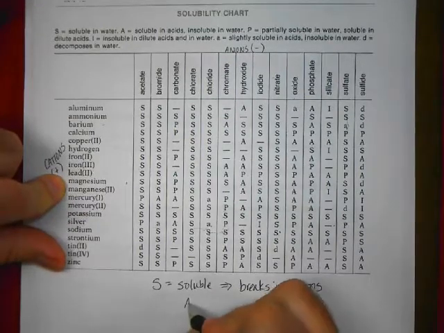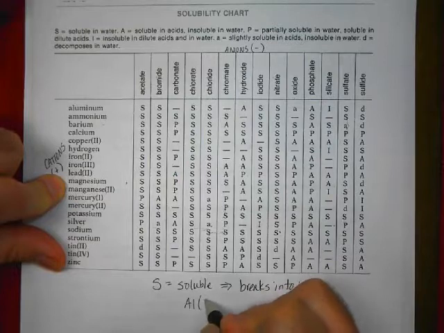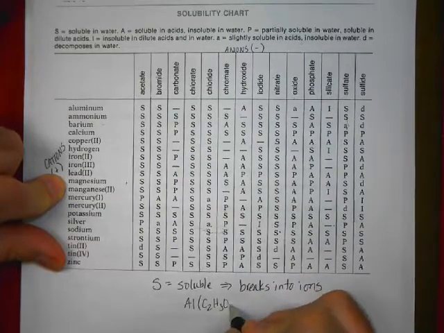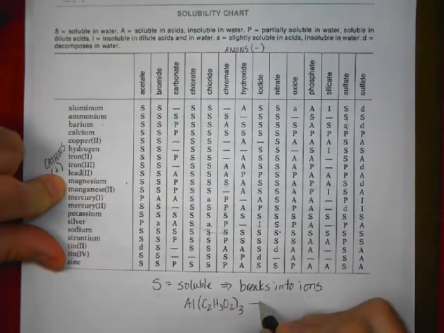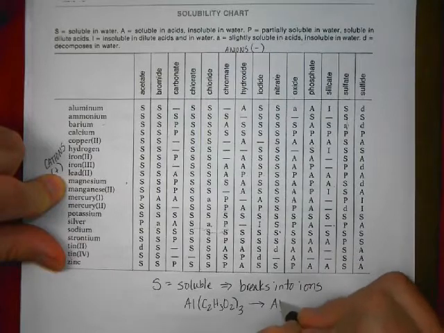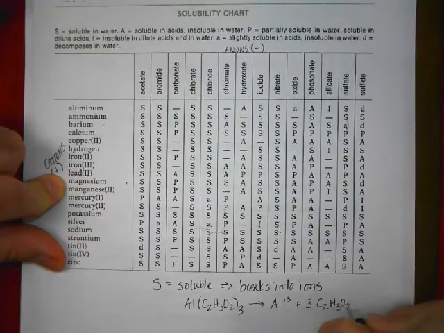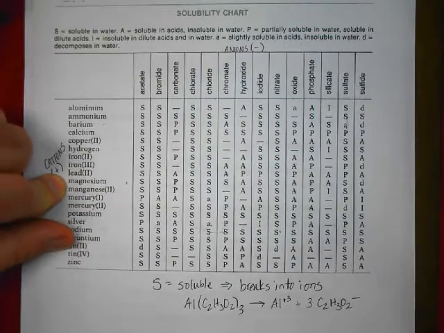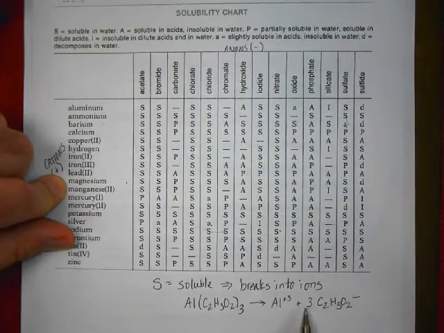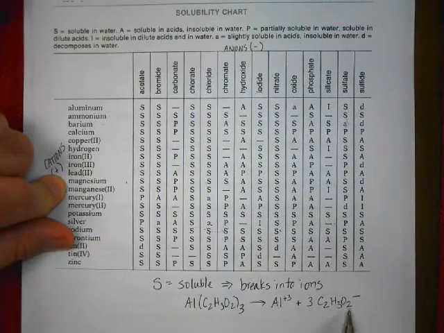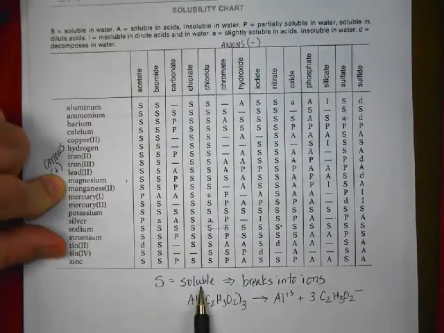So aluminum acetate, which is Al(C2H3O2)3, is going to break down into Al 3+ and 3 acetate ions, each one being minus 1. So aluminum 3+ and C2H3O2- ions. That's because it is soluble.